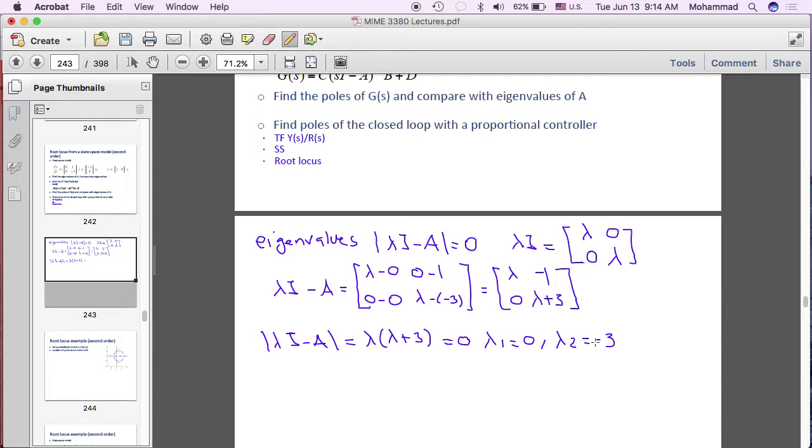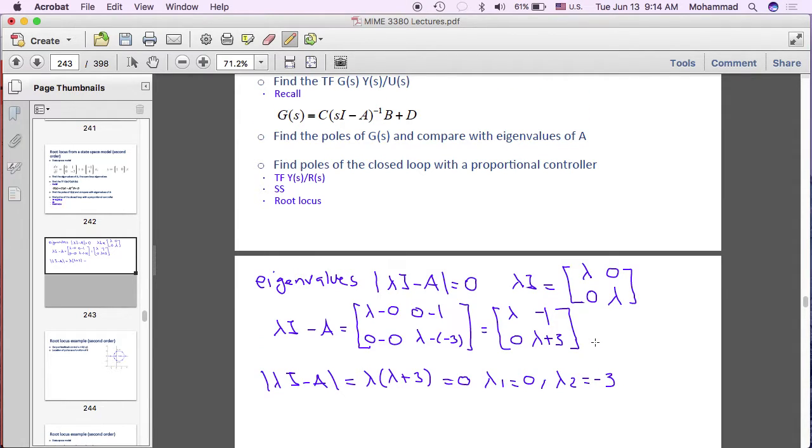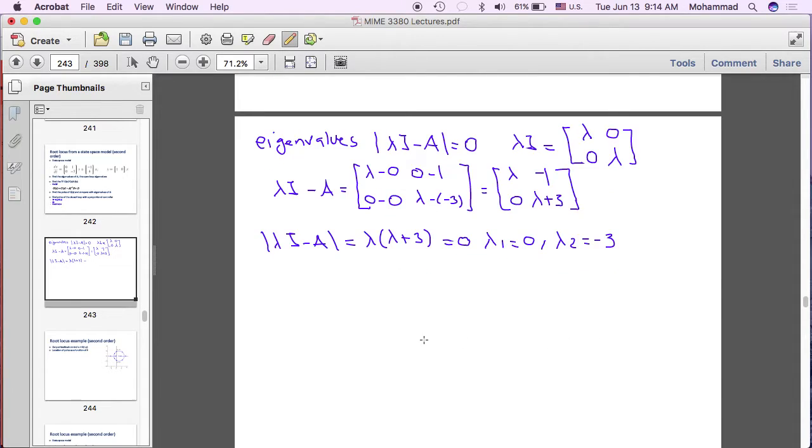Now, let's go ahead and find the transfer function through this formula: C times sI minus A inverse times B plus D. So we need to go ahead and form sI minus A. We already found lambda I minus A, so sI minus A is simply taking lambda and substituting it with s. So it becomes s, negative 1, 0, s plus 3.